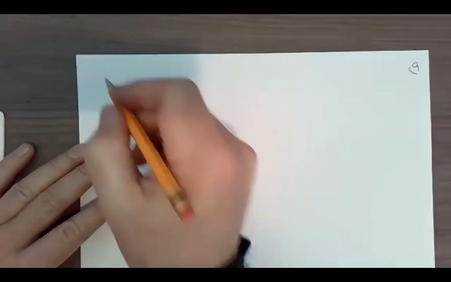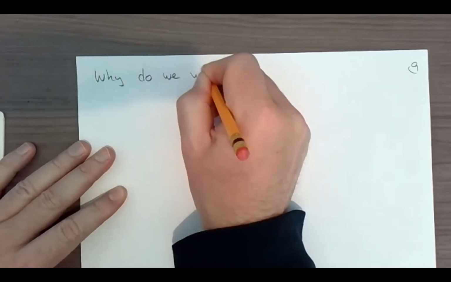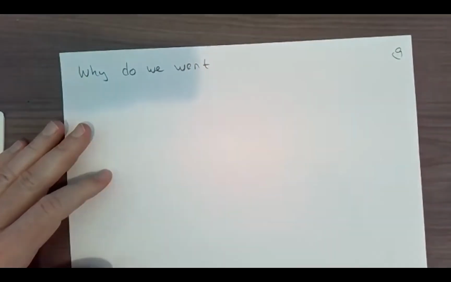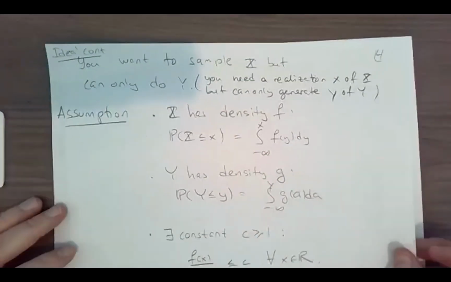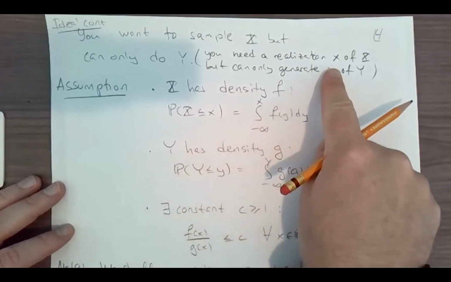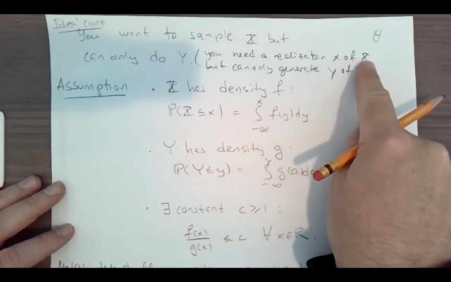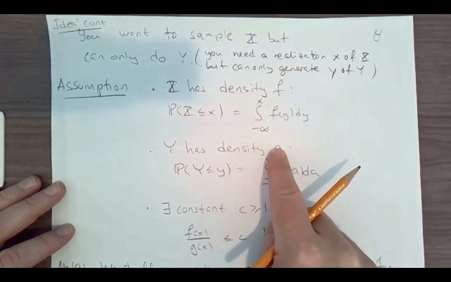The density we could sample from was g, so we can sample from g.